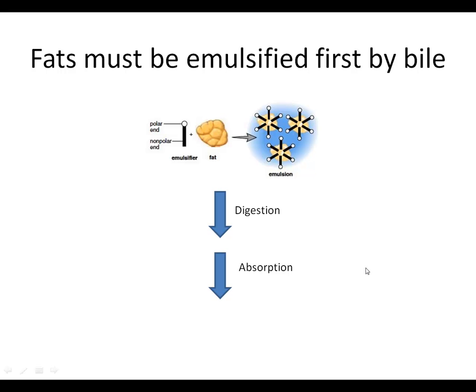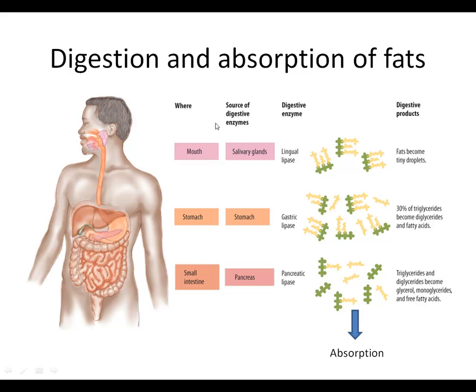It cannot be digested unless it's emulsified. So once they are emulsified, there are some enzymes called lipases which will break down the fats. What they do is they break them down into glycerol and fatty acids. The glycerol and the fatty acids are what are absorbed.